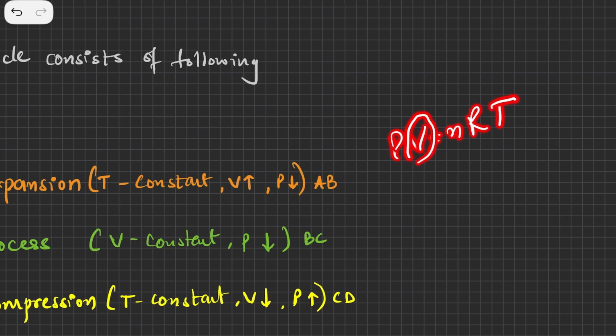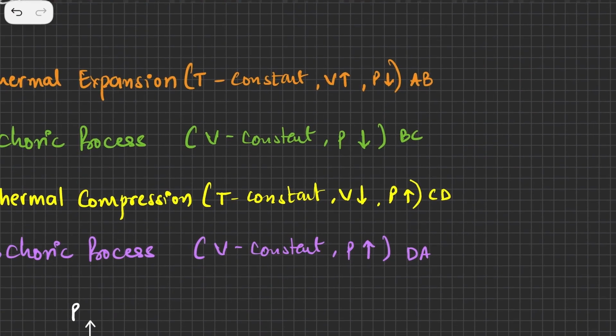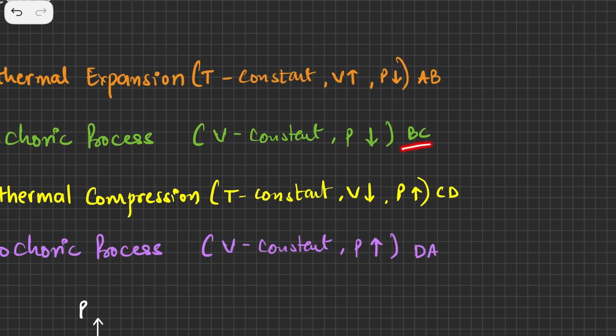If you keep the volume constant, n is constant, R is constant, so pressure and temperature have a direct relationship. In this isochoric process we are reducing the pressure, so as the pressure reduces, the temperature will also reduce. This is represented by the graph BC.